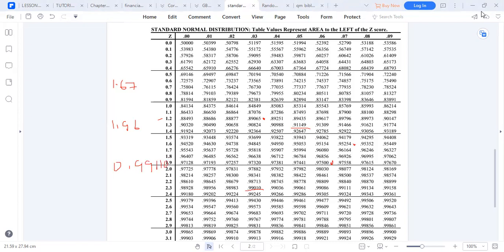Which one would you give me? 2.37. The closest is this one, 0.9911, right? So you're going to get 2.37, correct. So you get the closest and narrate it in there. So far, we're together. So whenever you're not given the exact one, you get the closest possible.